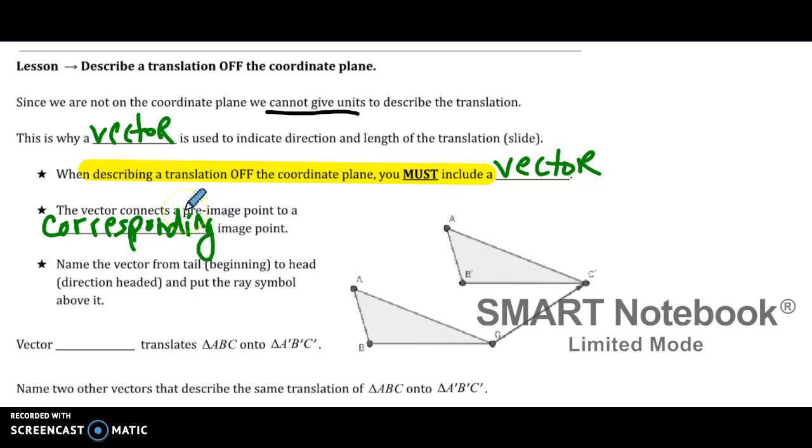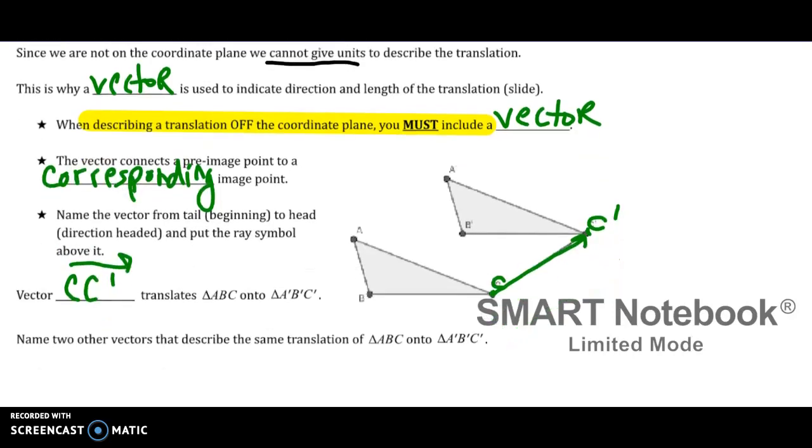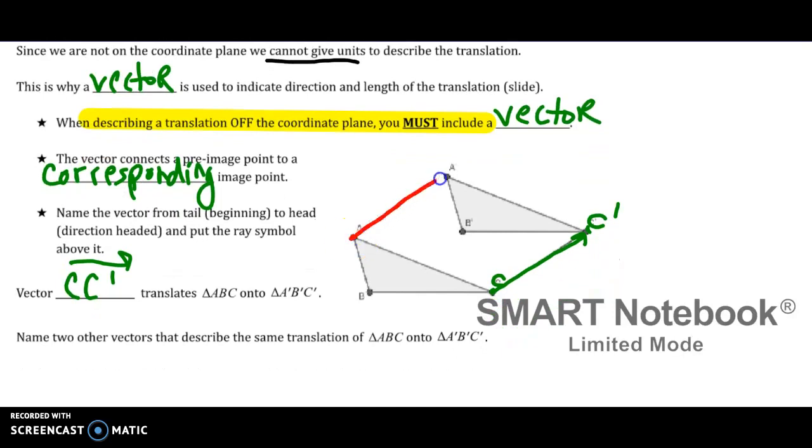They must correspond. So for example, in the diagram, we know that C corresponds to C prime. So I could name a vector that maps triangle ABC onto triangle A prime, B prime, C prime, vector C C prime. I could also name the vector A prime.